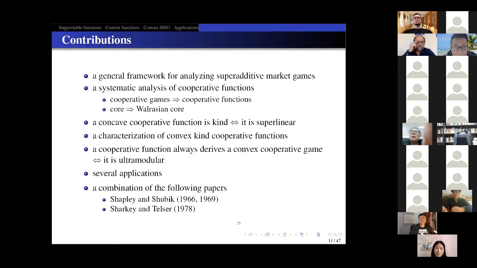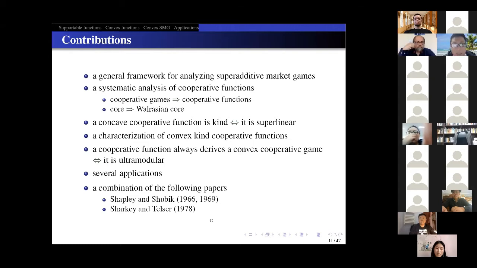And another maybe not so famous one in the game theory society is also by Shapley and Shubik, where they studied exchange economy, and that economy is very convenient to use for TU games.